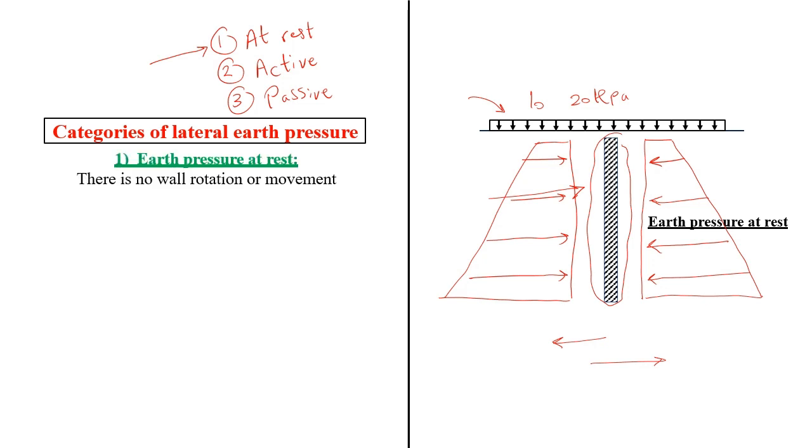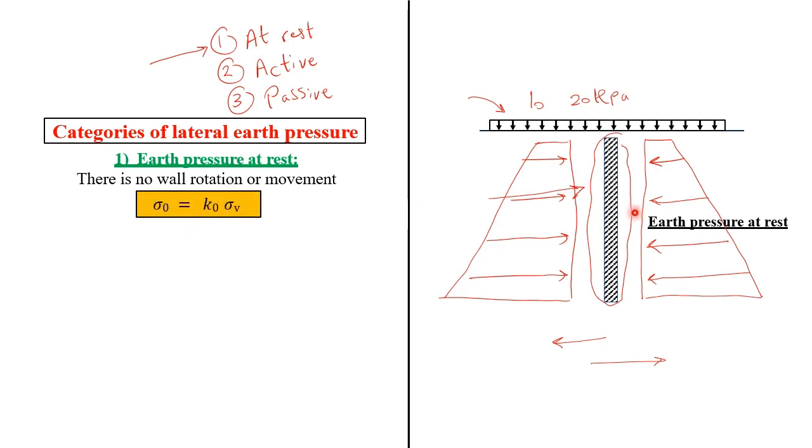So to summarize, for the earth pressure at rest there is no wall rotation and no wall movement; the wall remains in its position without moving in any direction.